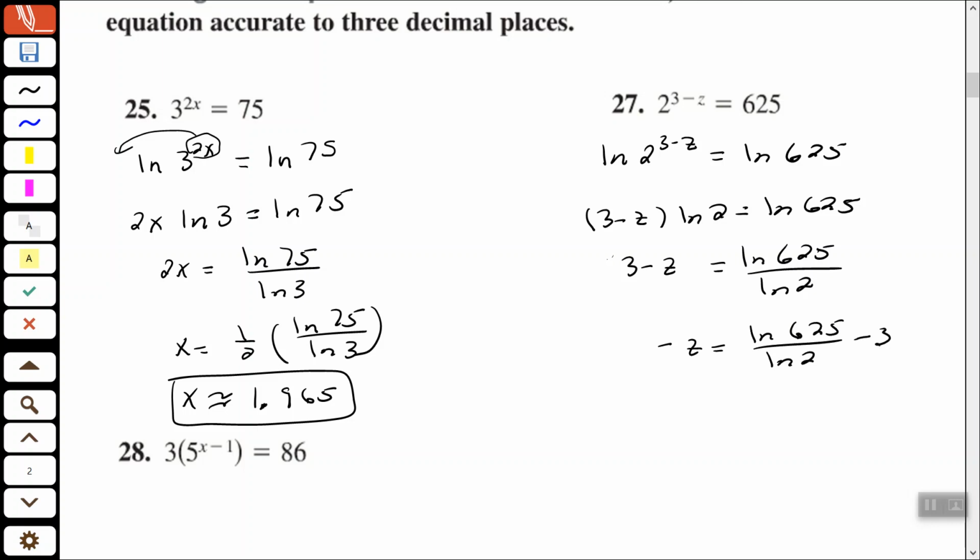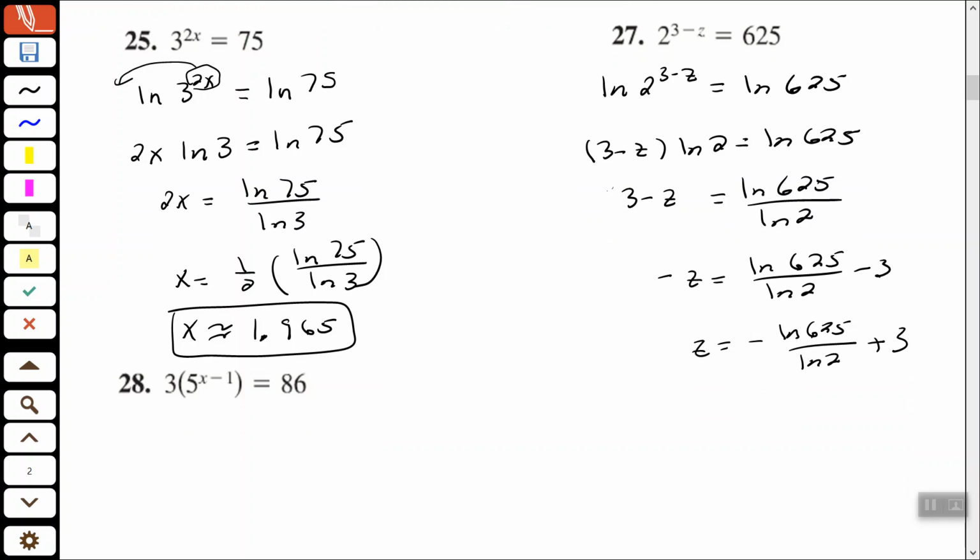And then divide both sides by -1. And plug that into our calculator and round to 3 decimal places. And you can make that 3 minus the natural log of 625 divided by the natural log of 2. So that gives us the approximation of -6.288.